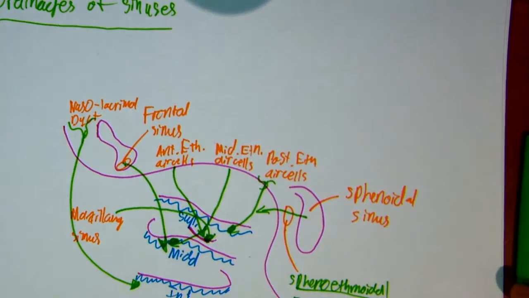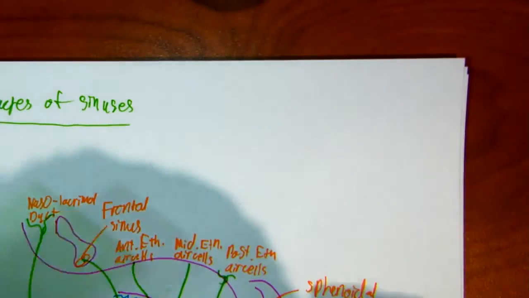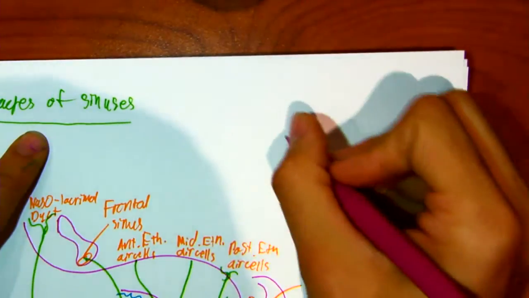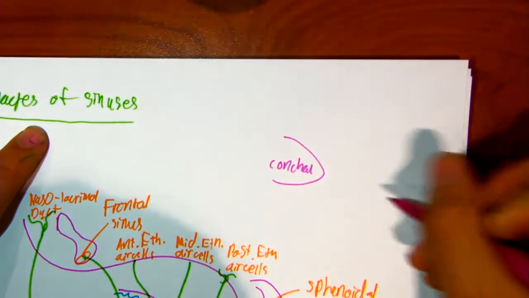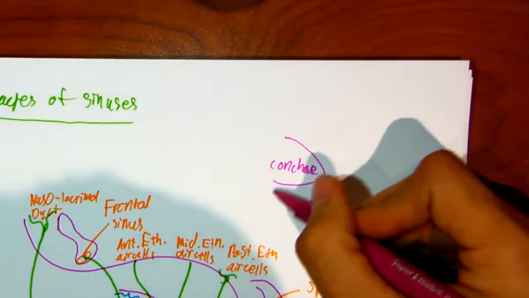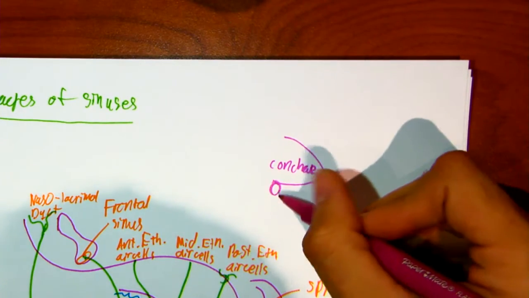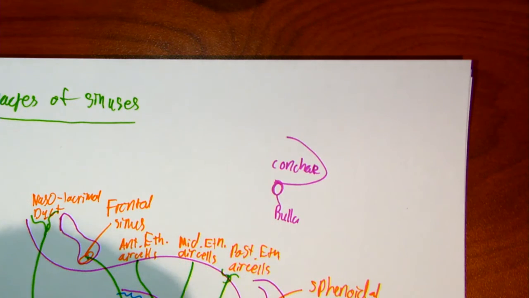If you think of the middle nasal concha sort of like a cliff jutting out, for example, like this, if this is the actual concha, you could think of your ethmoidal bulla as a structure underneath, sort of like a little canal. Semilunar hiatus is more or less like a divot or a hole on top of the middle nasal concha.